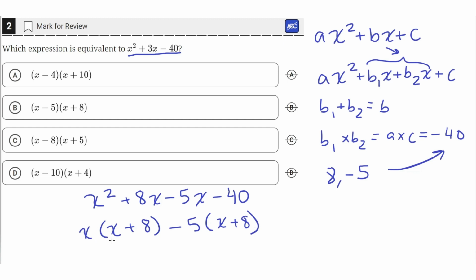Now we see that the quantity x plus 8 is common to both of these 2 terms here. So we can take out an x plus 8 common from both. And so then we're left with this expression right here, which is equal to answer choice B. So answer choice B is correct.